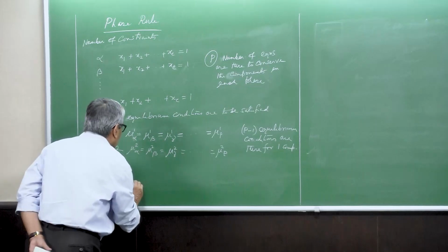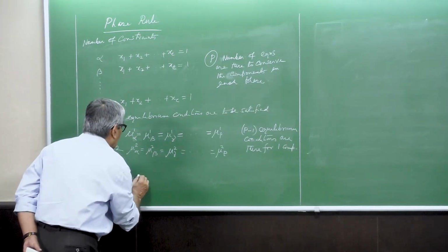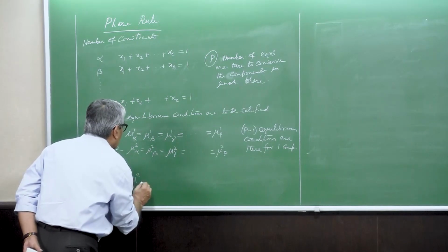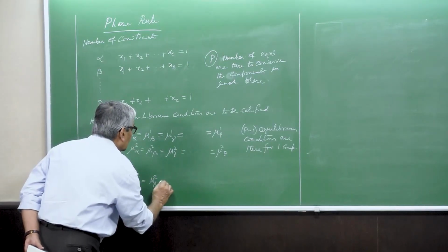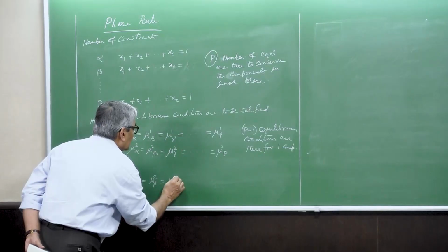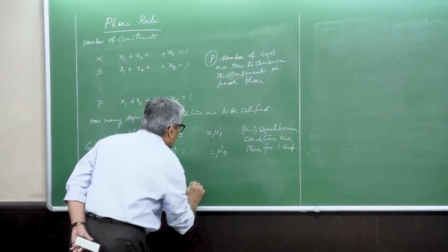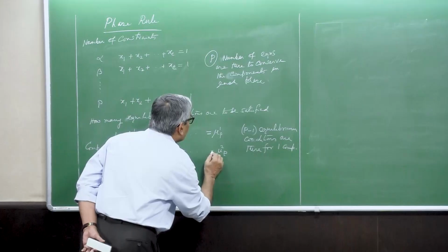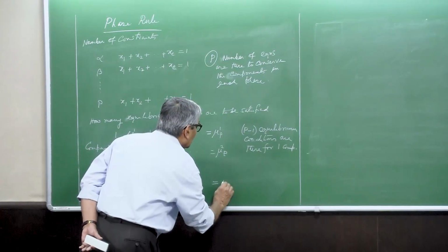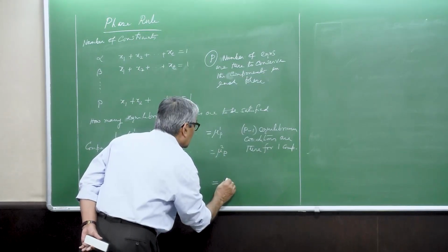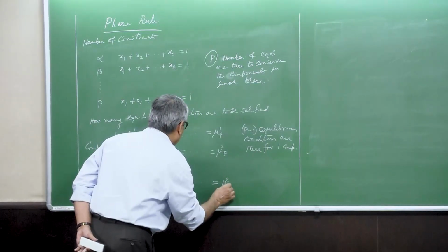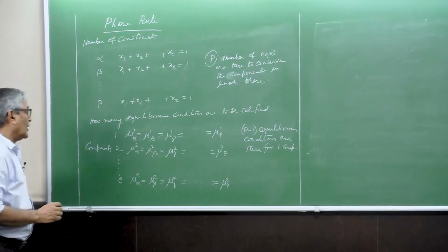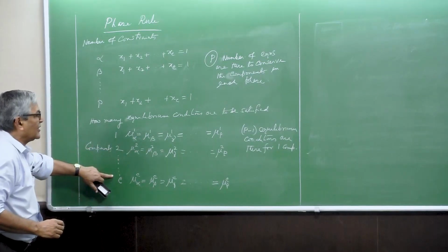So for C, mu C alpha equal to mu C beta equal to mu C gamma equal to mu C P. So how many such components are there?